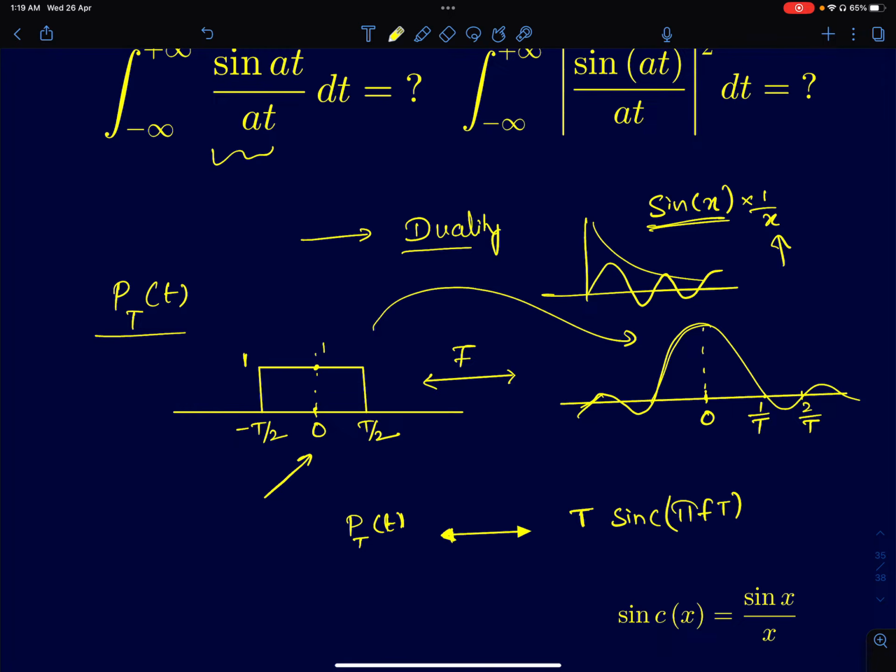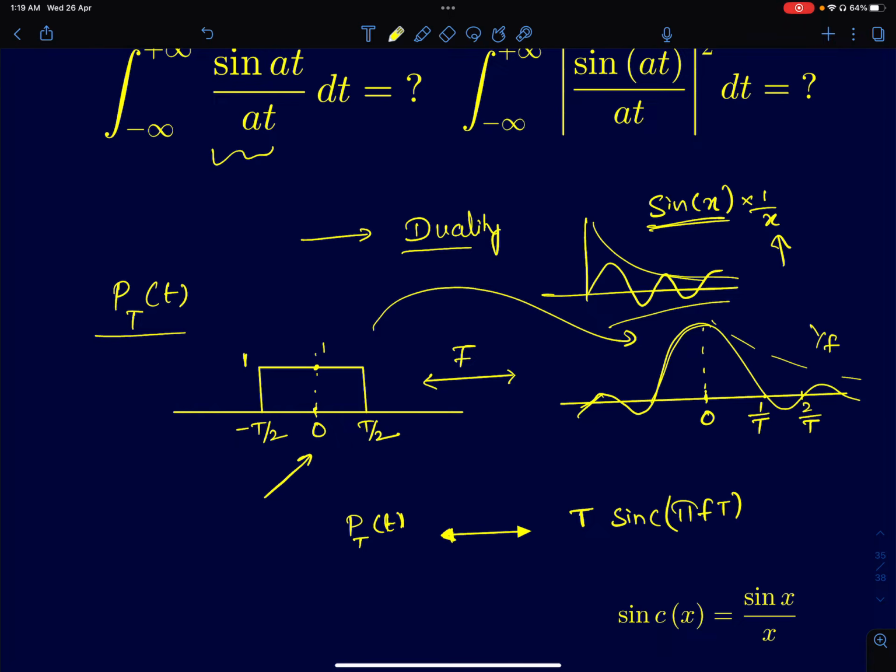So if you plot it, if you try to graph it, it will be just like a sinusoid, but its amplitude will keep decaying as you move away from the origin. That's what you see here, and the decay of this amplitude will be as 1 over f. So that's the sinc function.